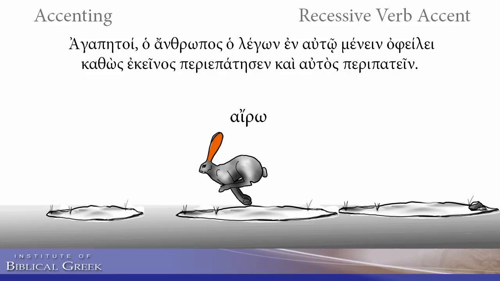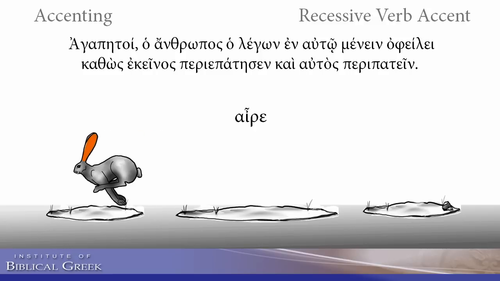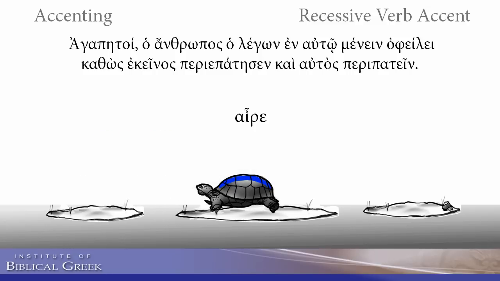Now, if I make that ending short, like in the imperative ere, I want to accent it on the antepenult. Unfortunately, this word doesn't have that many syllables. So I got to come back to the penult. And in this situation, I have an option. Both the acute and the circumflex are eligible for the penult.